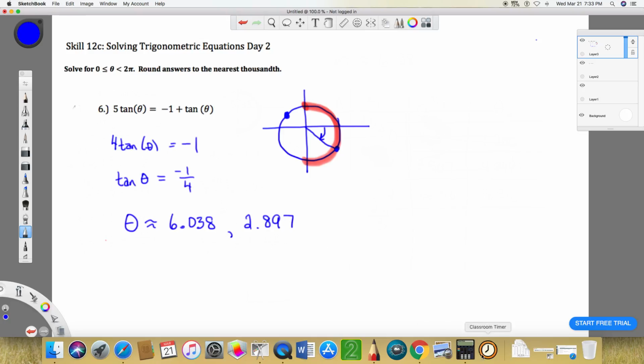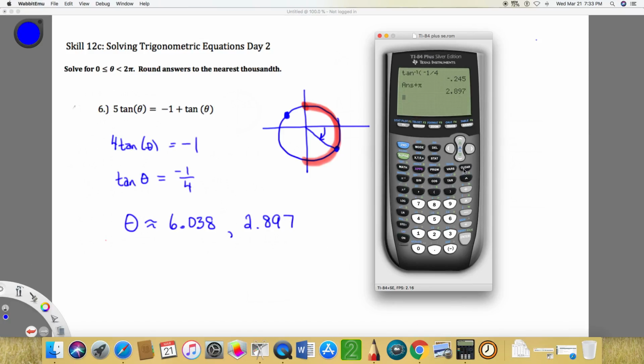Let's come in and check. Now this time we'll have to compare the left-hand side against the right-hand side. So if we have 5 times the tangent of, let's check this first angle, 6.038. So the left-hand side of that equation is this. Let's go to float. Let's really carry this out.